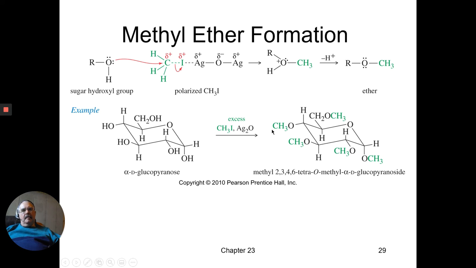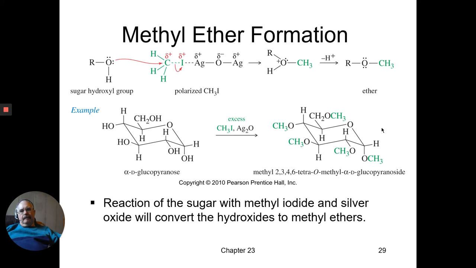So we end up methylating all of the OHs. And these methylated sugars are stable in base.